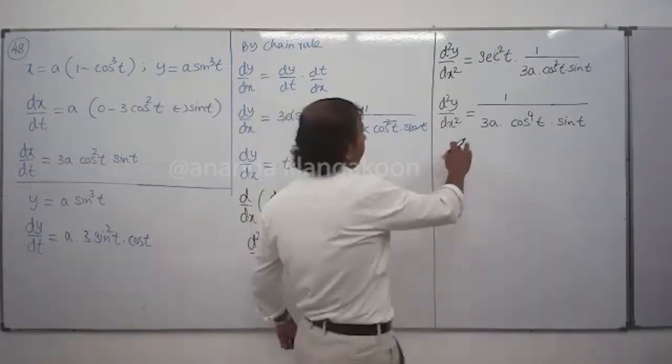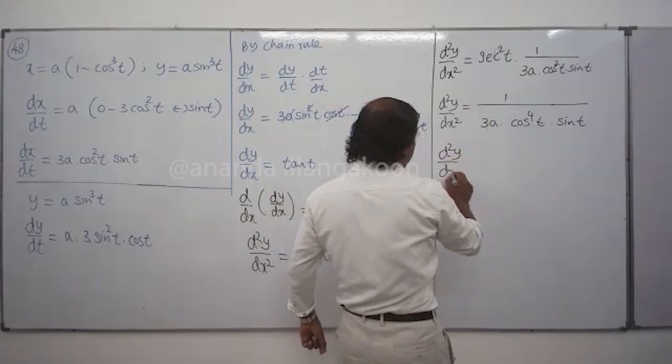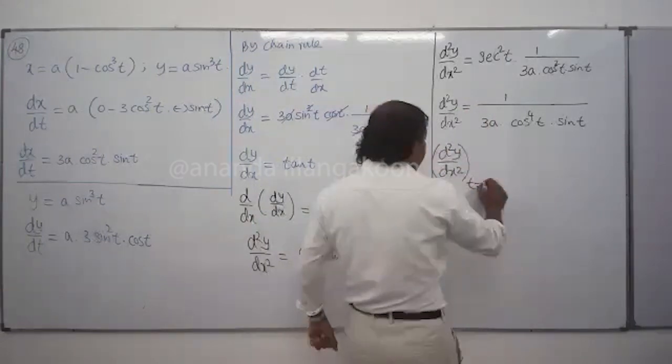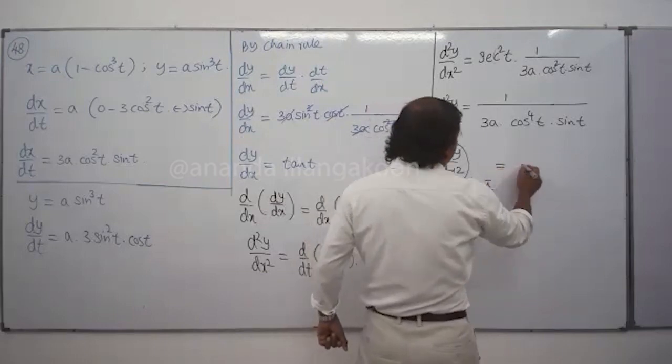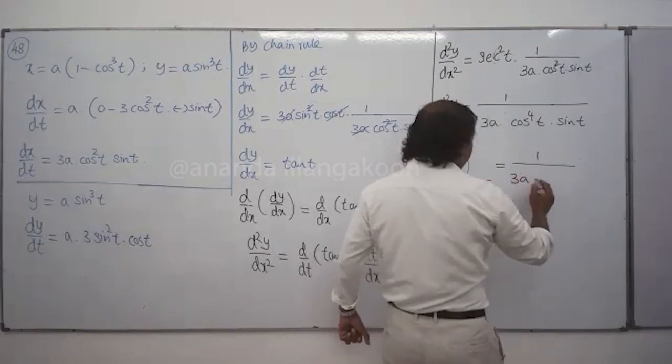This time it asks for the second derivative at t equals pi by 6. We need d2y over dx2 at t equals pi by 6, so substitute t on the right hand side. It is 1 over 3a times cos pi by 6 to the power 4 times sine pi by 6.